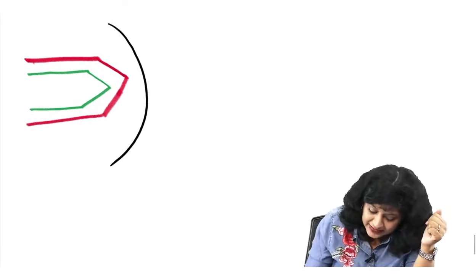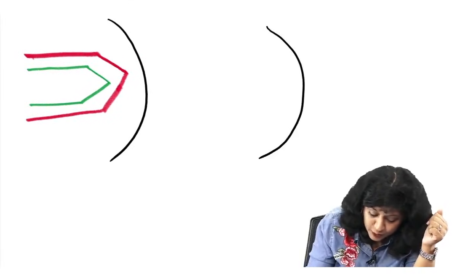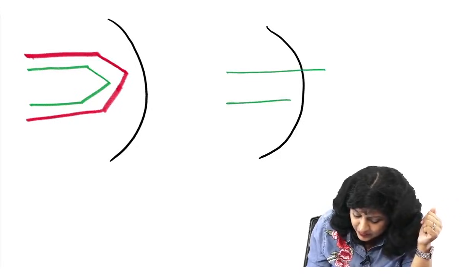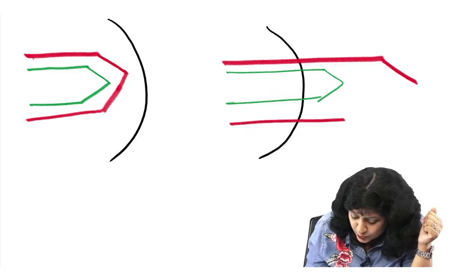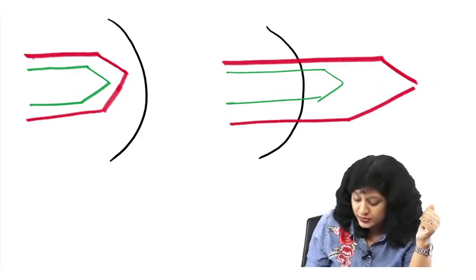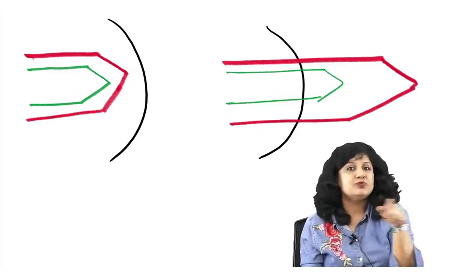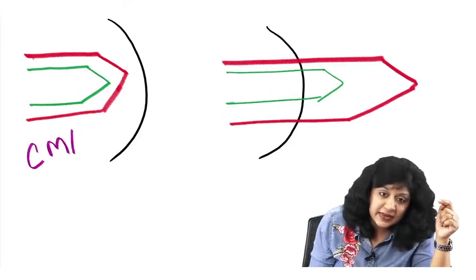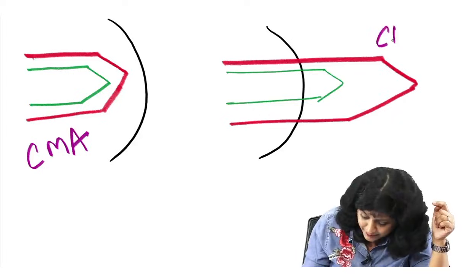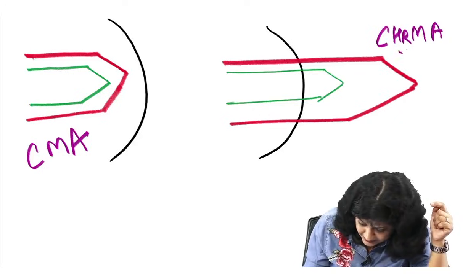On the other hand, if I have both of them focusing behind the retina, one is focusing here and another is focusing here. They have the same signs but the amount is different. So this will be called compound myopic astigmatism, and this is compound hypermetropic astigmatism.